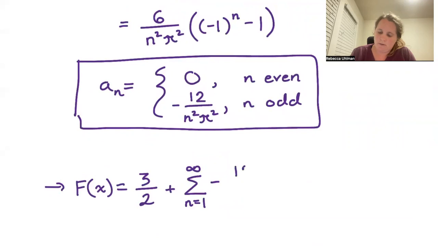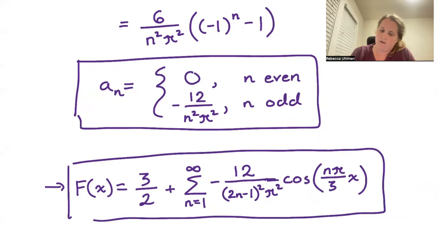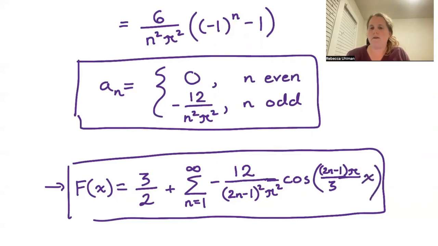So we'll have a negative 12 over 2n minus 1 squared pi squared times cosine n pi over 3 x. Sorry, that n should be a 2n minus 1, not an n. So cosine of 2n minus 1 pi over 3 x. So this is how we can go about finding Fourier series for even and odd functions.